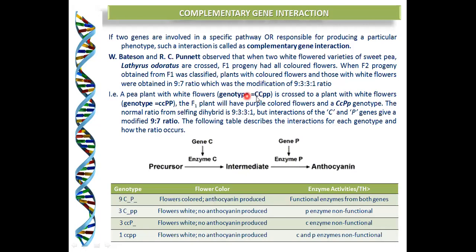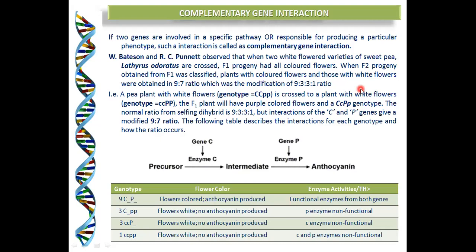Here the plant gives white flowers. Here also the plant gives white flowers. It means that capital C is responsible for giving white flowers as it is dominant. Here in this plant, capital P is dominant, so it is responsible for giving white flowers.